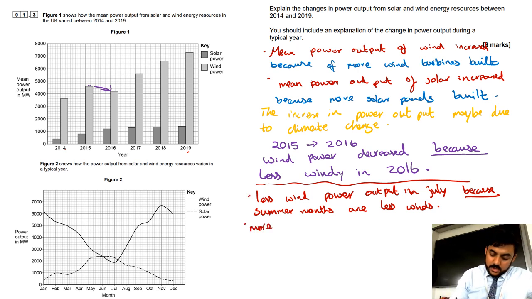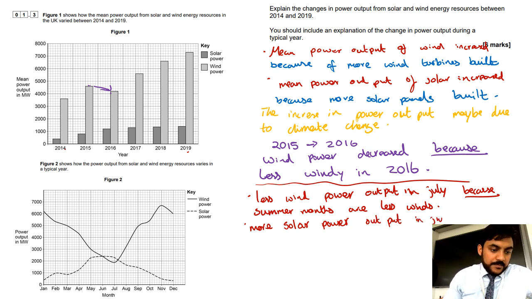In the same way, more solar power output in July, May, June, July, I should say. May to July, as it is more sunny.